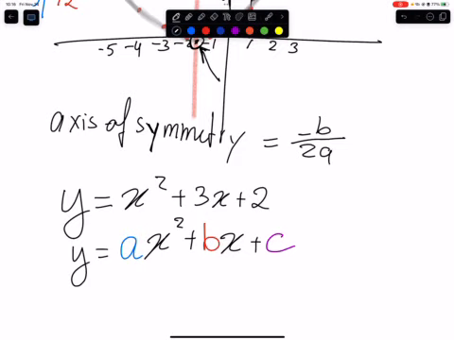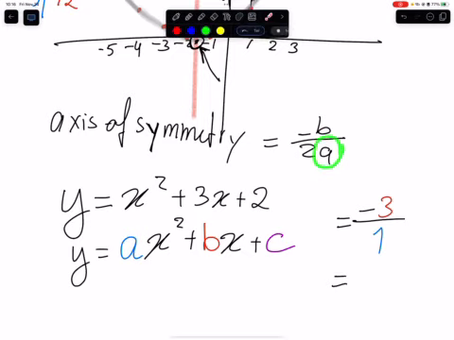And the formula says negative B, so it's negative 3, divided by 2A.